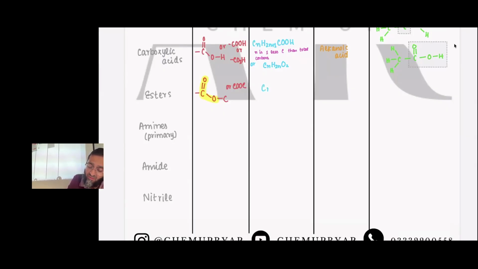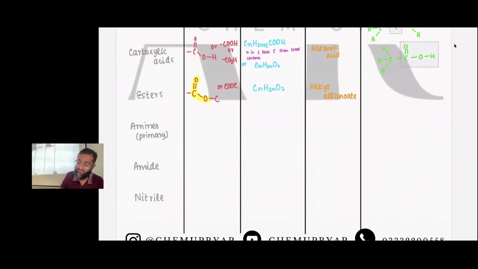Okay. So the general formula is exactly the same as the second general formula of carboxylic acid, CnH2nO2. And what will be the general name? Alkyl alkanoate. So the structure would be a C double bond O, and that C double bond O is bonded to an oxygen, and that oxygen is further bonded to a carbon.